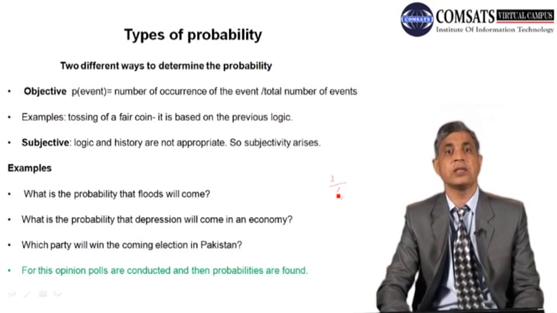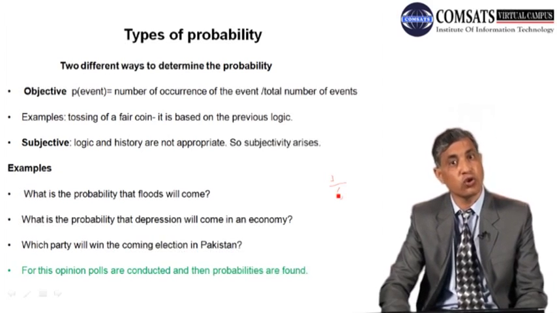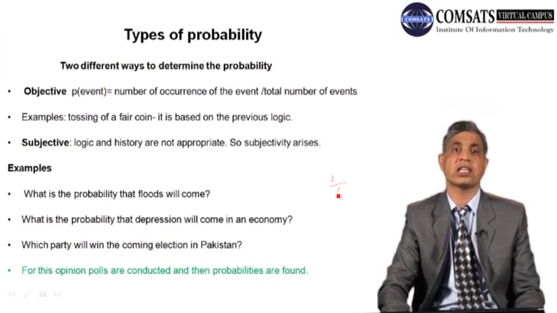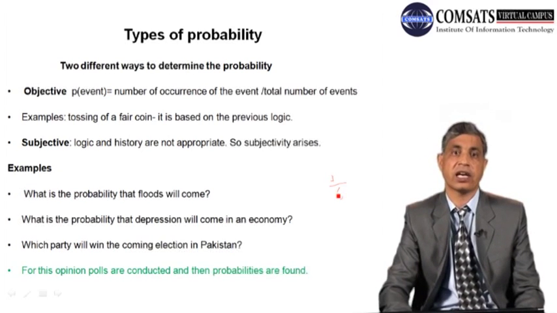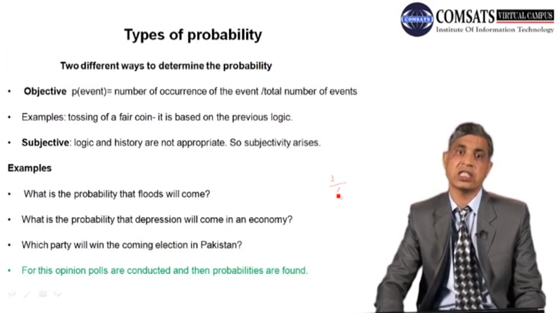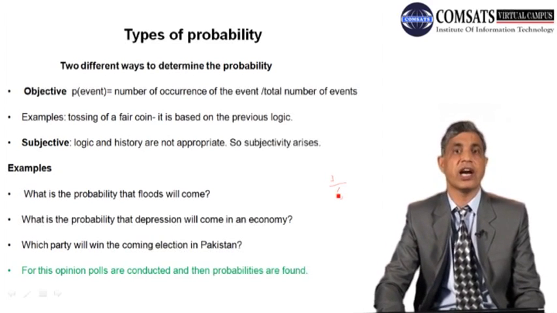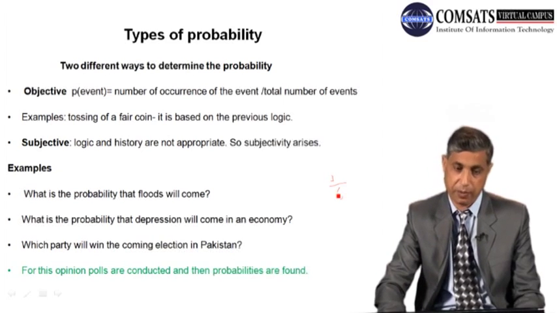We know that floods keep on coming in all the countries. But we don't know that there are 6 outcomes, 7 outcomes, 10 outcomes, and we cannot calculate that 2 by 10 is the probability. We will find some other method to find the subjective probability.